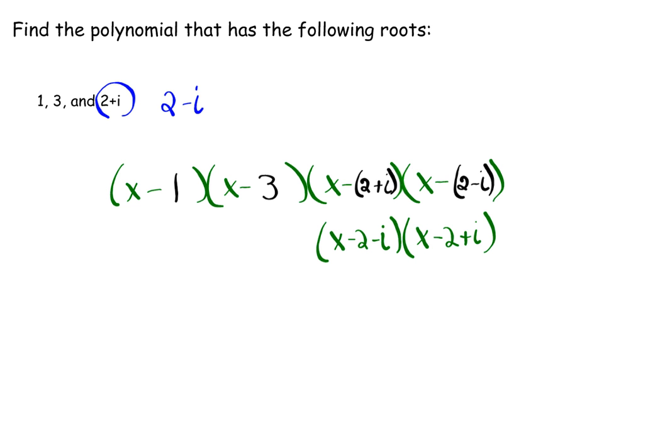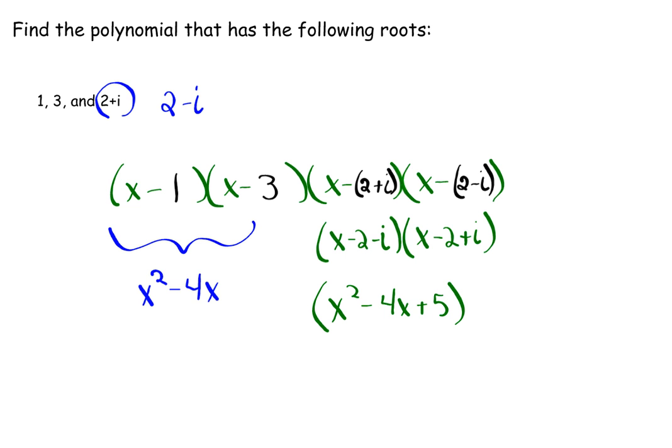So, when you do the box method, you're going to find out that this part right here turns into x squared minus 4x plus 5. And this one here turns into x squared minus 4x plus 3.